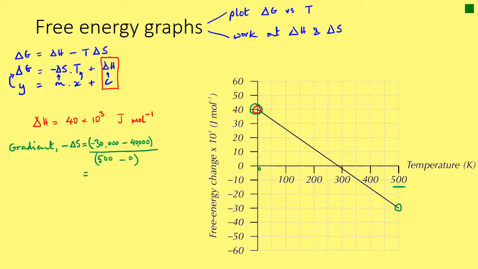So our minus delta S comes out at minus 140, and so delta S equals 140 joules per Kelvin per mole.